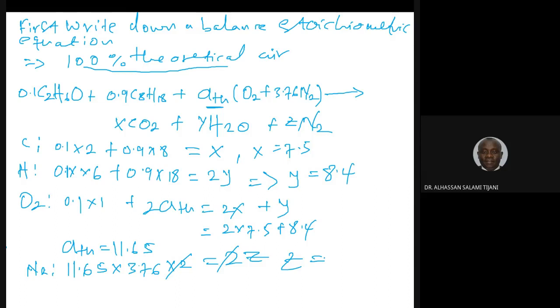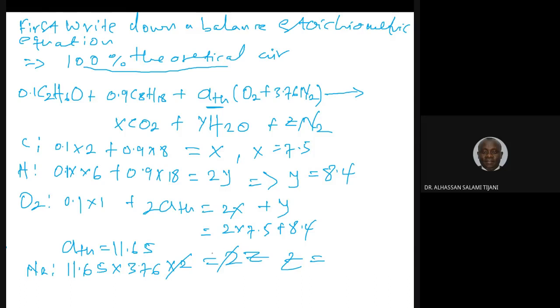Okay, let me cross check again. I have over here nitrogen, so 2 times 3.76 times this. So Z equals 11.65 times 3.76.